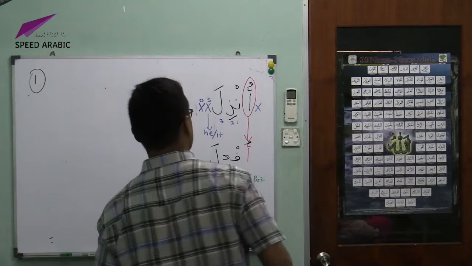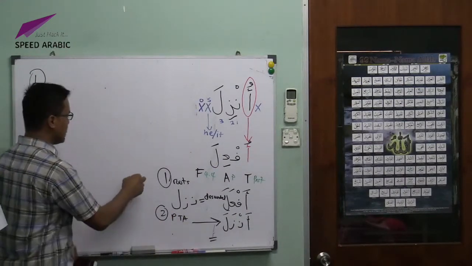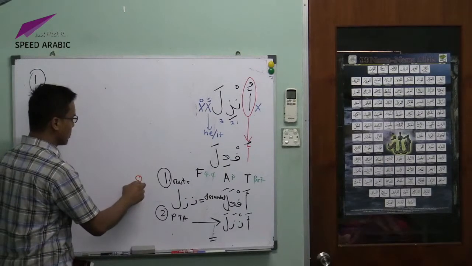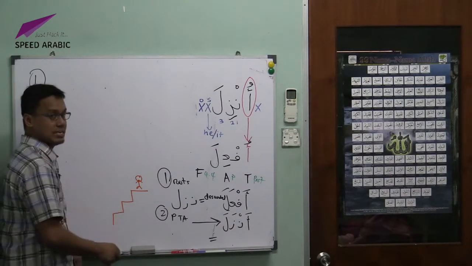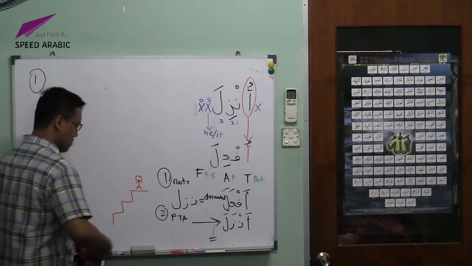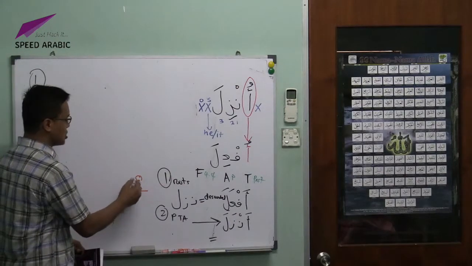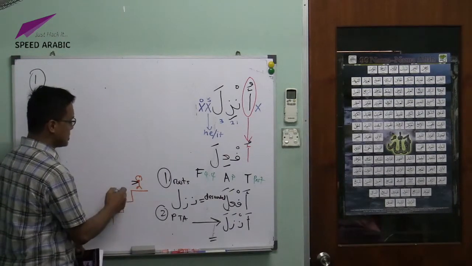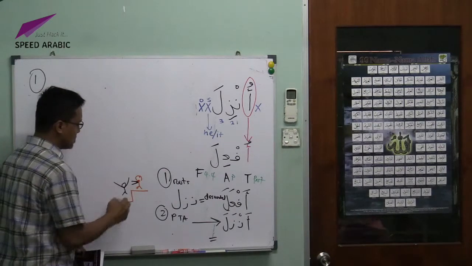And then you get the meaning: to cause to descend. It is different from descend. Descend is you go step by step, you descend. If cause to descend, that means you may push someone, like this.